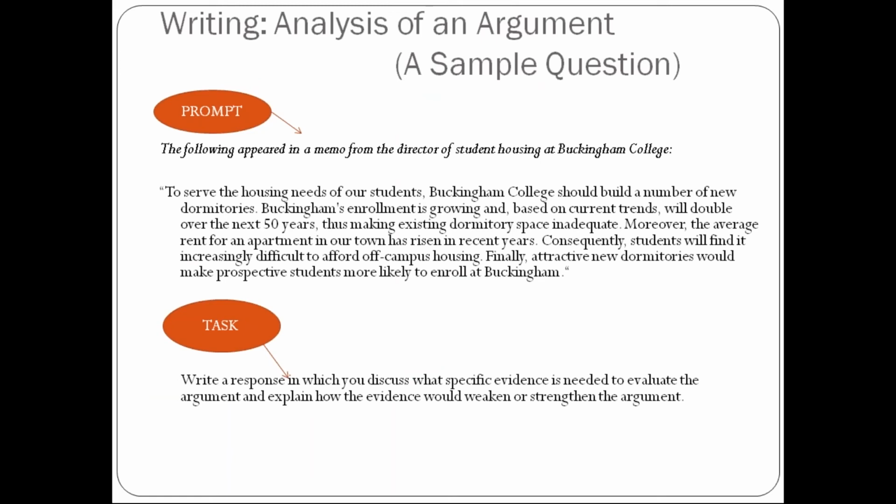Buckingham's enrollment is growing, and based on current trends will double over the next 50 years, thus making existing dormitory space inadequate. Moreover, the average rent for an apartment in our town has risen in recent years. Consequently, students will find it increasingly difficult to afford off-campus housing. And finally, attractive new dormitories would make prospective students more likely to enroll at Buckingham. Okay. So write a response in which you discuss what specific evidence is needed to evaluate the argument.